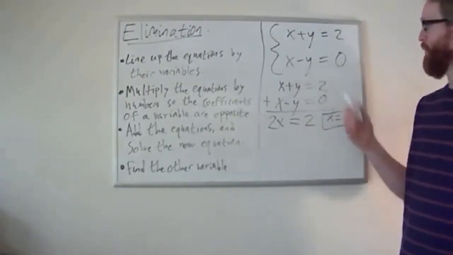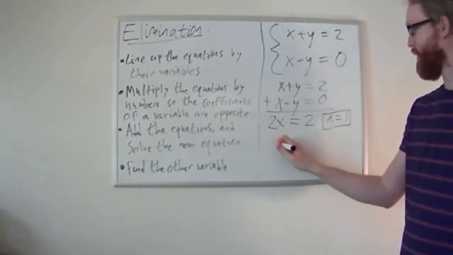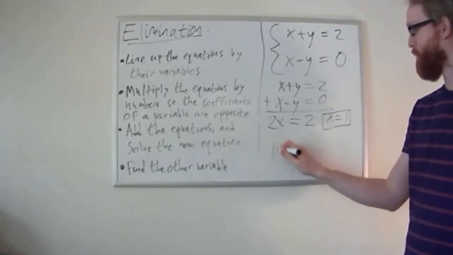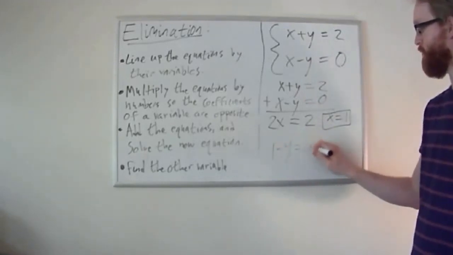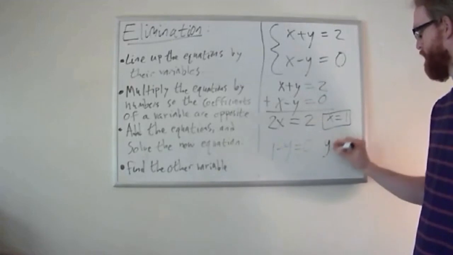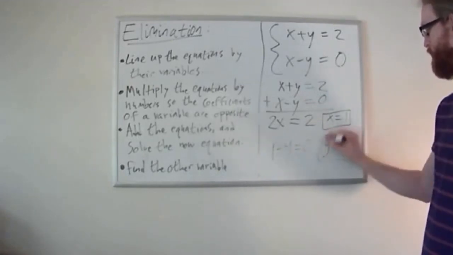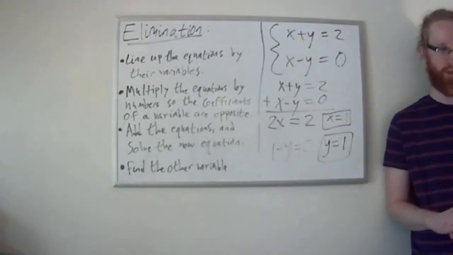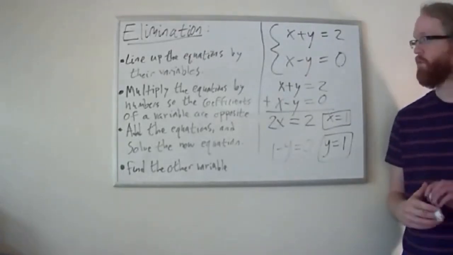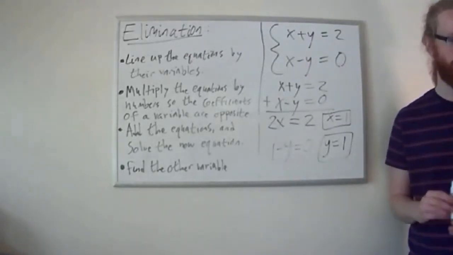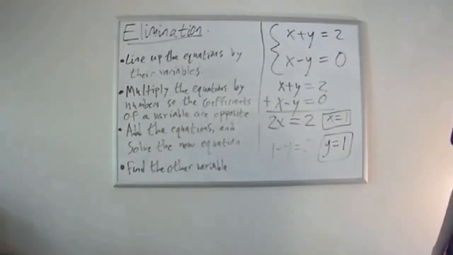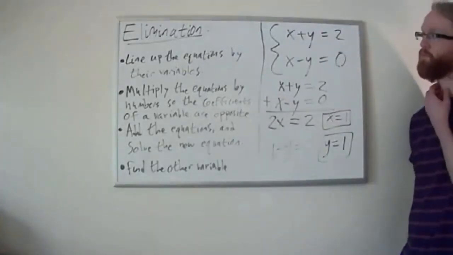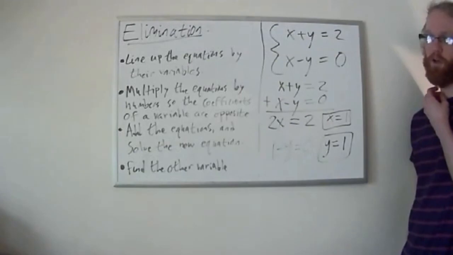Like x minus y equals 0: since I know x is 1, that's 1 minus y equals 0. And that just means that y equals 1. So again, I find that x and y are both 1. That's my solution. So we've now found it by a second method, which was elimination. So any questions here?